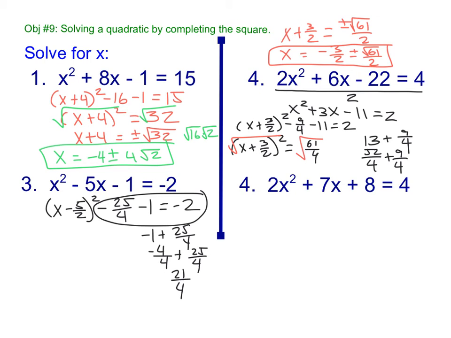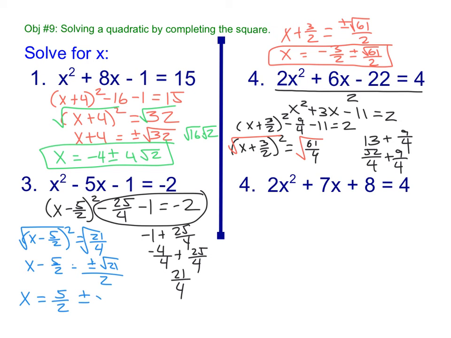So I have x minus 5 over 2 squared equals 21 over 4. Square root. Again, just like in that previous one, plus or minus the square root of 21, and then over the square root of 4, which is 2. So then lastly, move the 5 over 2 over. That's it.